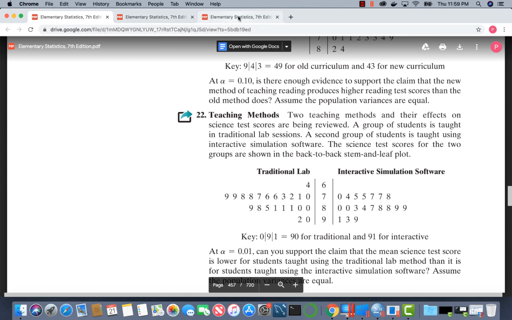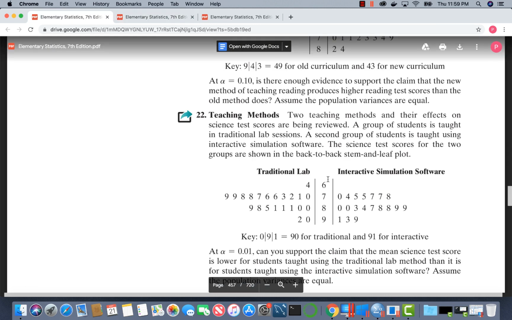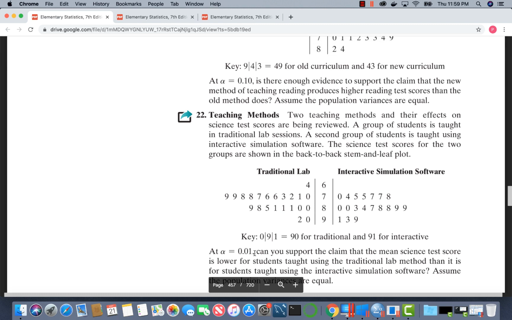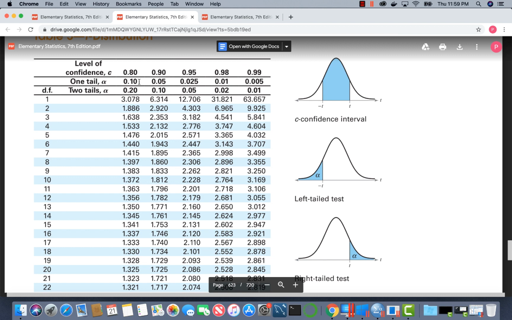So if we do a left test, let's go back to the table. The area alpha is in one tail, 0.01 in one tail, and we got 38 degrees of freedom.